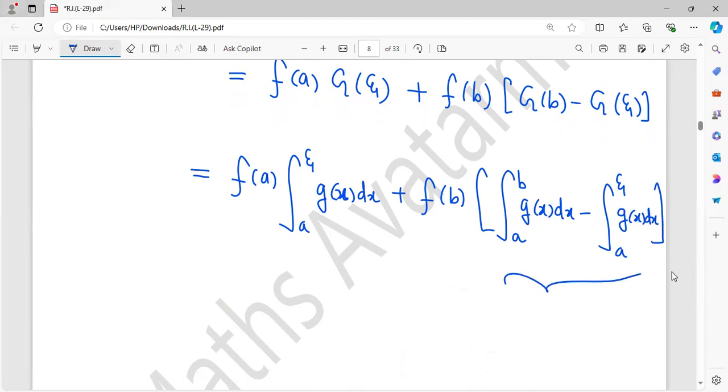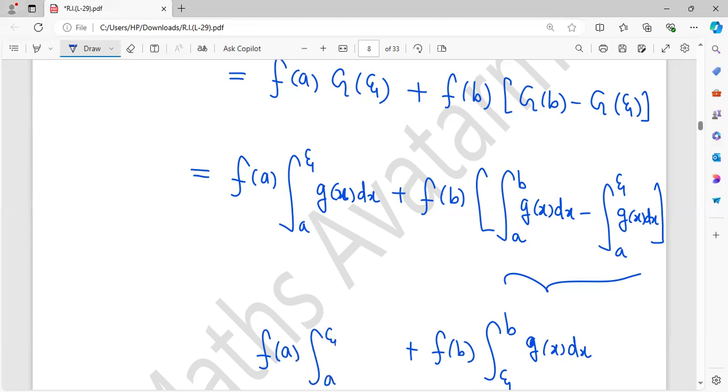Now after solving this, what you will get? You will get f b integral xi to b g x dx plus f a integral a to xi g x dx.